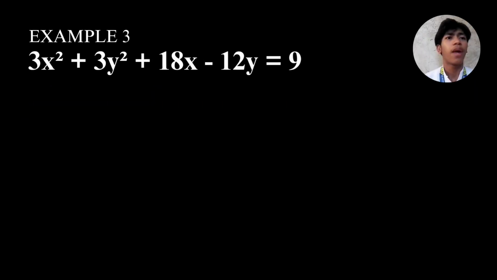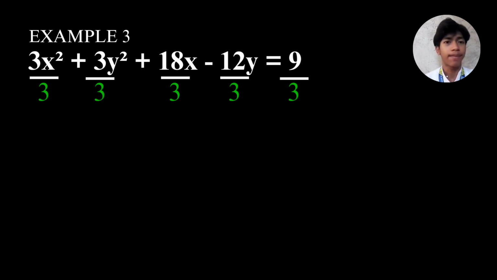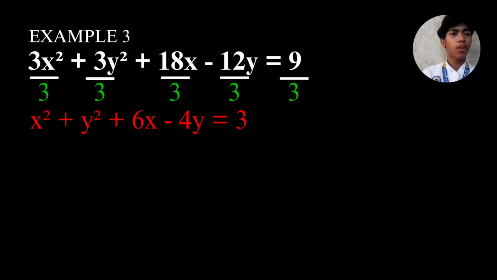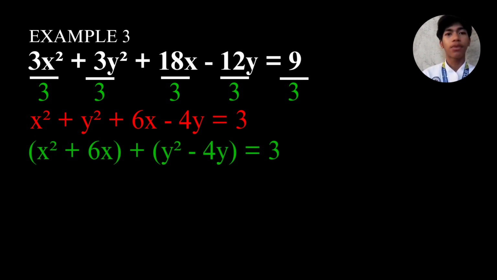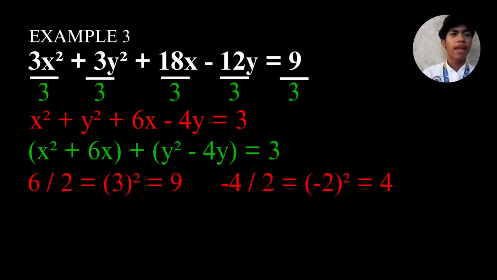And for our third and final example, we have 3x² + 3y² + 18x - 12y = 9. Before anything else, we need to remove the 3 from the squared variables by dividing all values by 3. We then get x² + y² + 6x - 4y = 3. We can now proceed to the standard procedure by first grouping the similar variables, then finding the square of the binomial of both x and y.